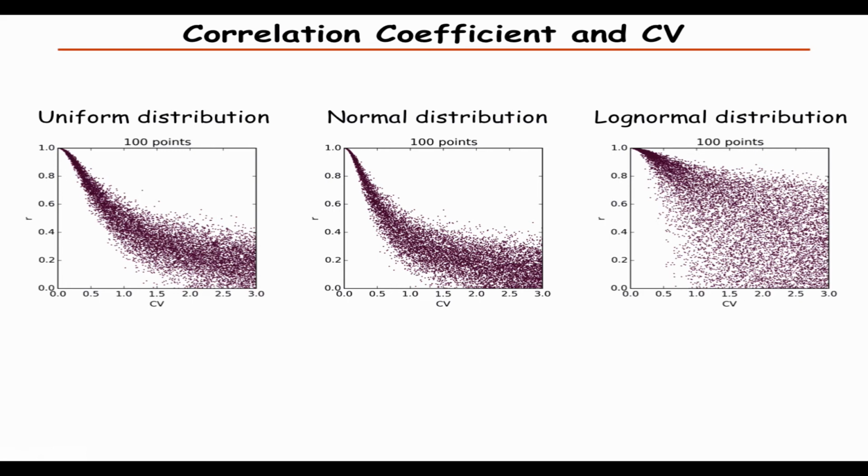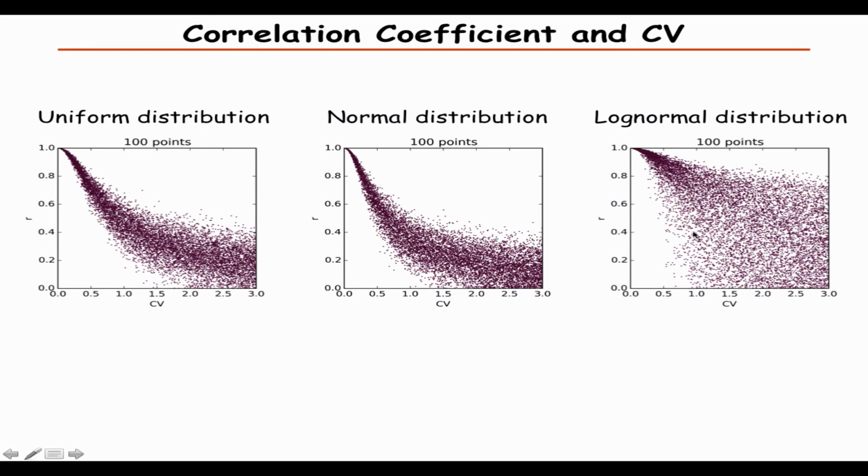So in this case, we can get very high correlation coefficients, even though the coefficient of variation is very large. For example, if we compare with the normal distribution, if we look at CVs of 100%, most of the time we get a correlation coefficient of less than 0.5.